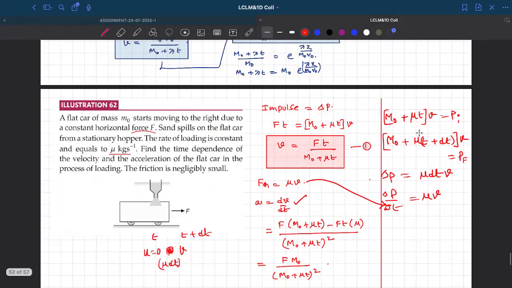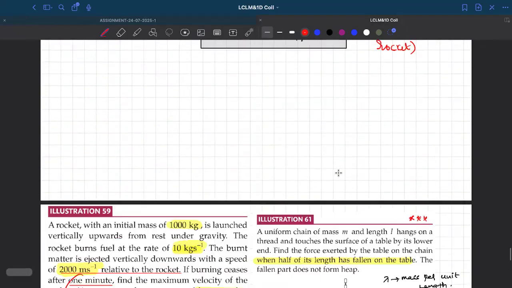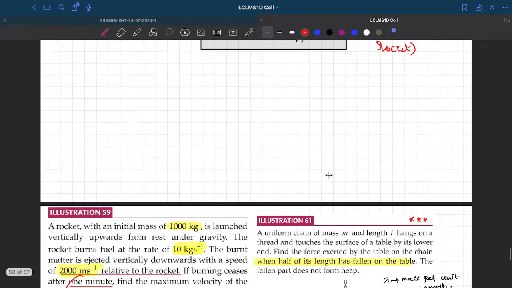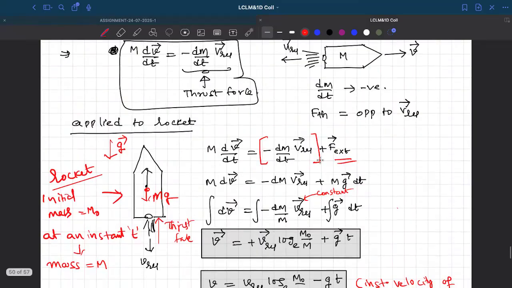Don't get confused; I have written it very clearly here in the general formula. Yes or no?